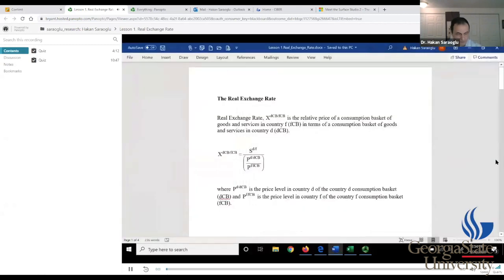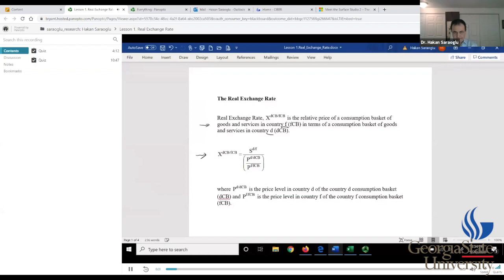Hello everyone. In this lesson we will cover the concept of the real exchange rate. Let's begin with its definition. The real exchange rate is the relative price of a consumption basket of goods and services in country F in terms of a consumption basket of goods and services in country D. And here is the formula for the real exchange rate.